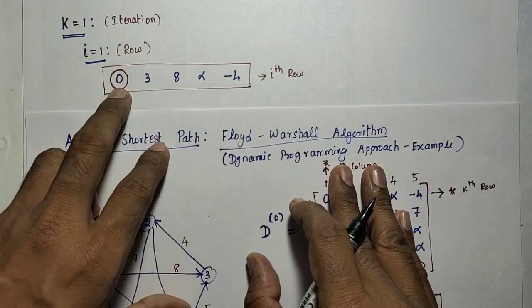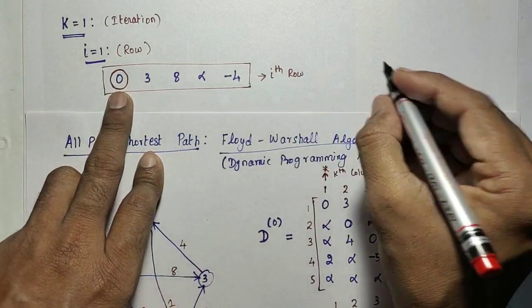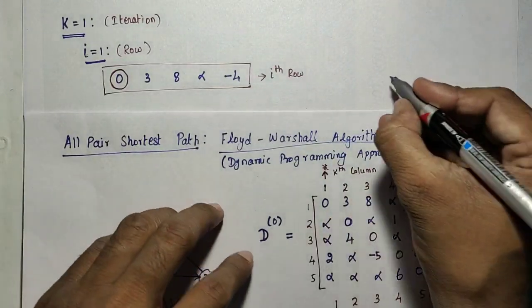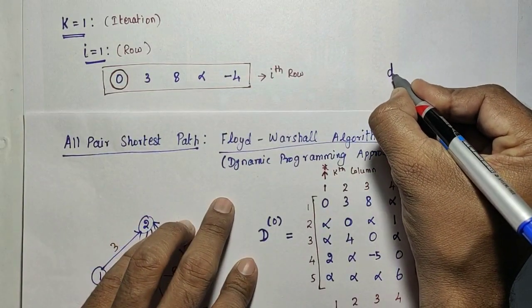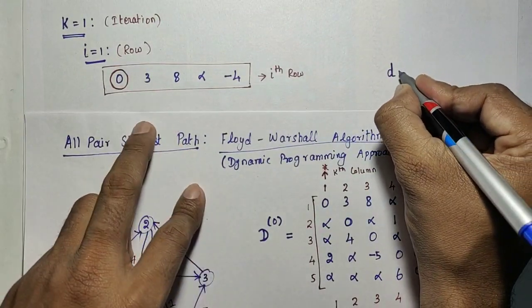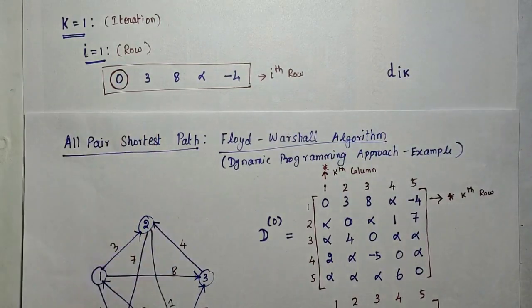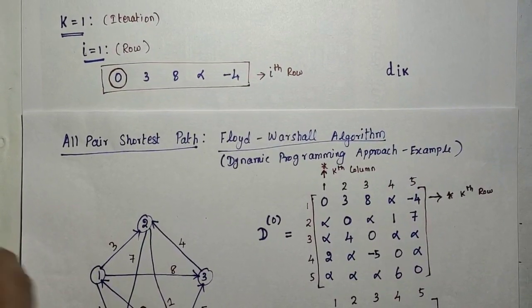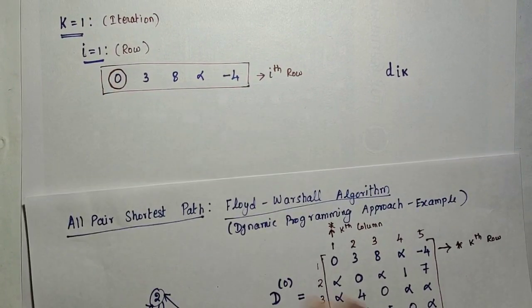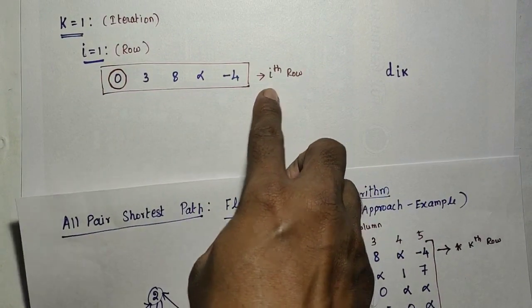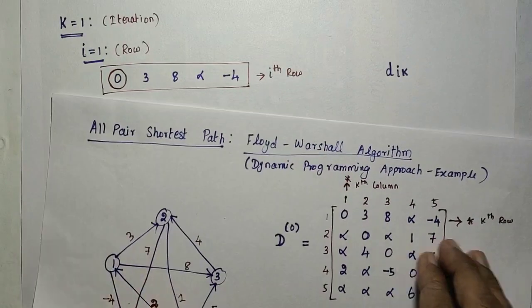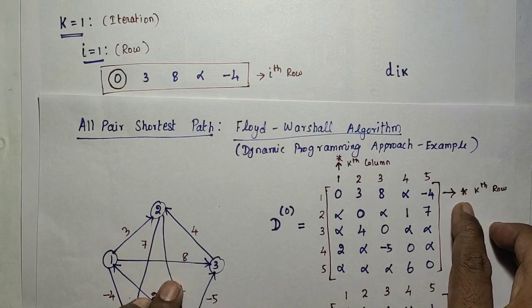So the ith row, kth element means d. Okay, ith row and kth element, like that. And then the corresponding kth row, just write it here. So the kth row is this one.